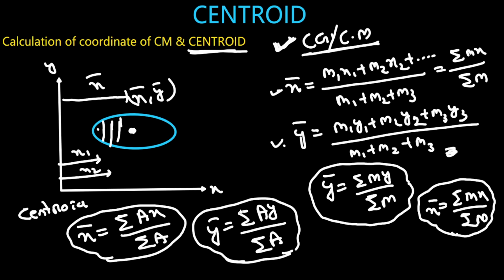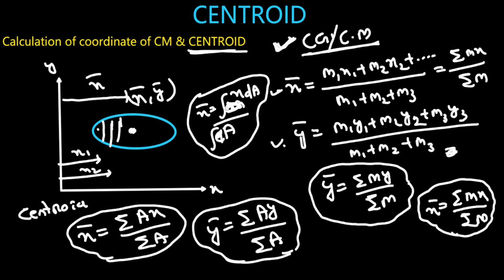Here I can write like this: x bar is equal to integration of x dA divided by integration of dA, where dA is the small area. That means you got total area. This is by integration method I can calculate also.